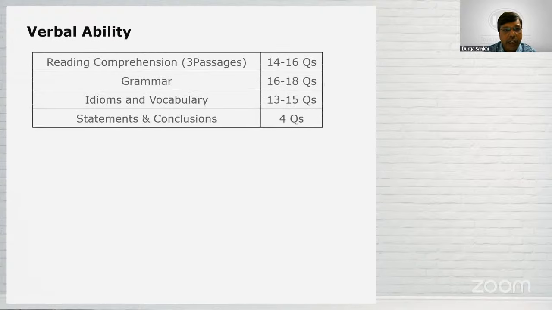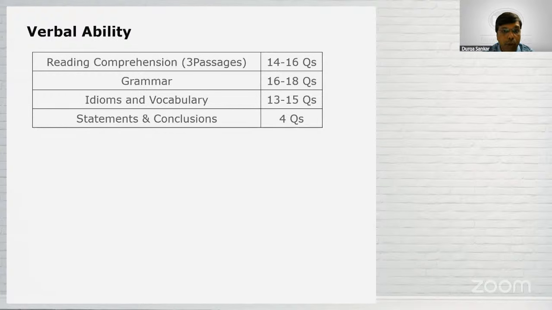There were three reading comprehension passages, where I understand the number of questions was around 14 to 16, so it looks like three passages of 5 questions each, so 15 questions. Most of the students have reported that though the passages were doable, the options were quite tricky. So the options are what made the RCs slightly difficult to navigate. Then comes grammar, which had all the usual types of questions.